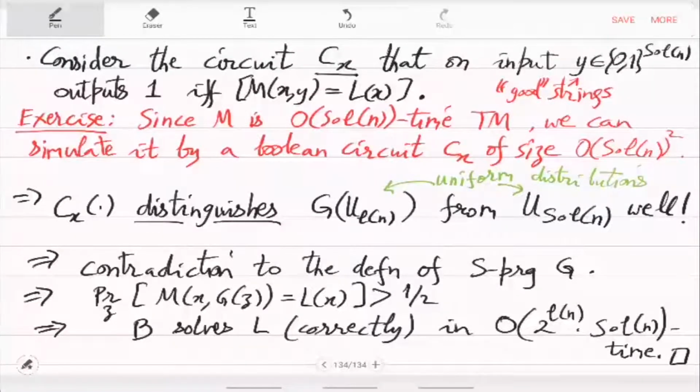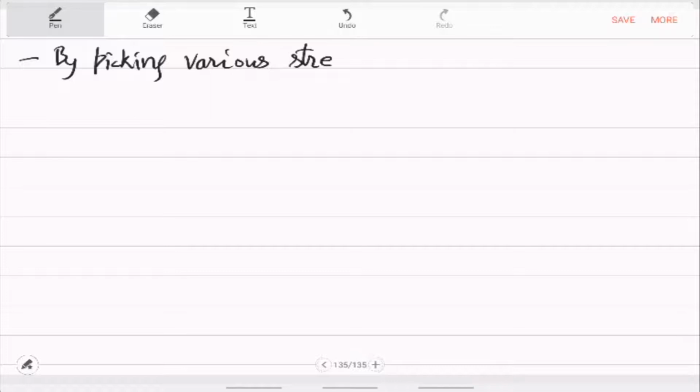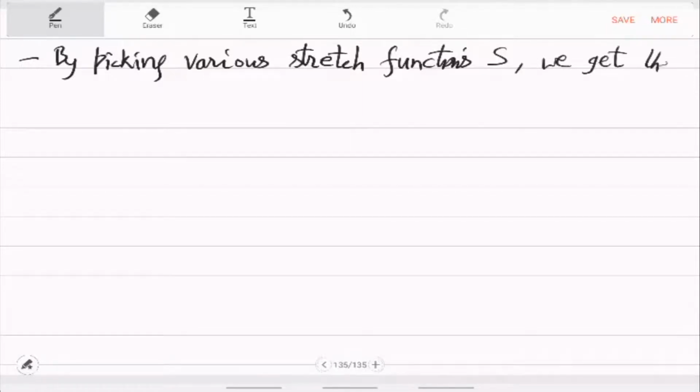So now to see the impact of this observation, let us look at various parameters or parameter settings for the stretch S. So by picking various stretch functions S, we get the following conditional de-randomizations.